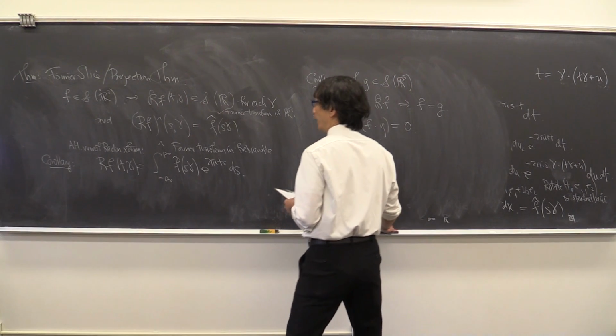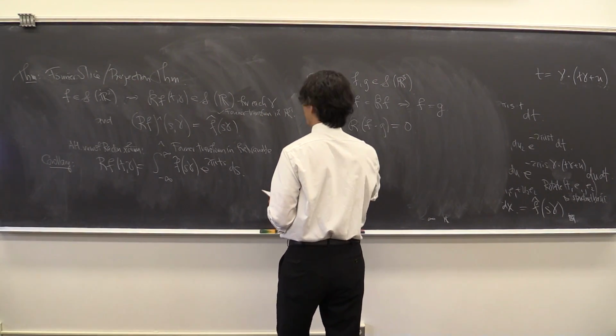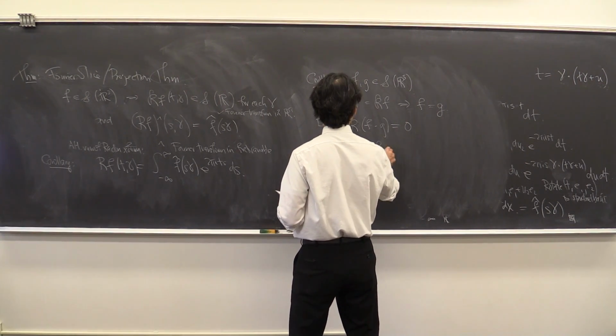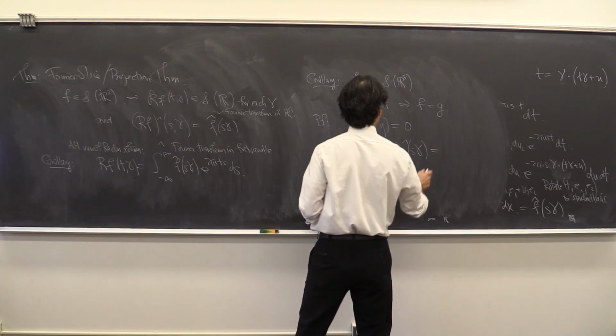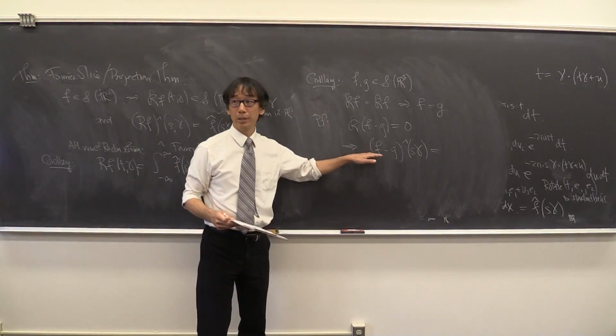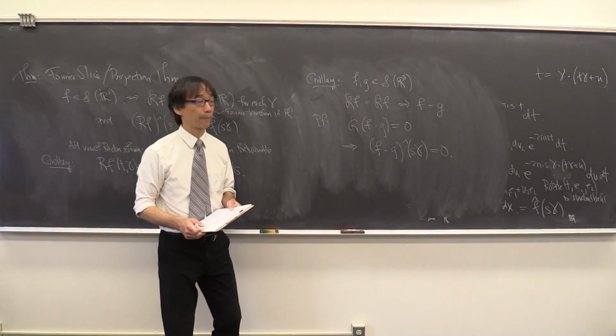right? But that tells you that the Fourier transform of the difference at every S gamma is going to be 0.